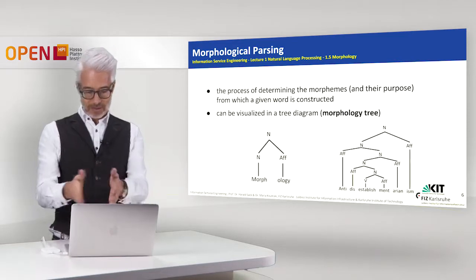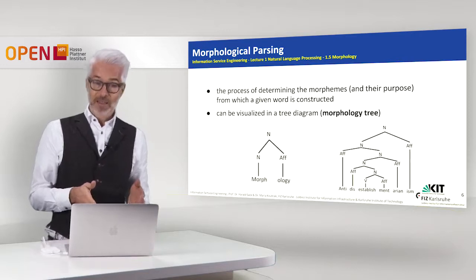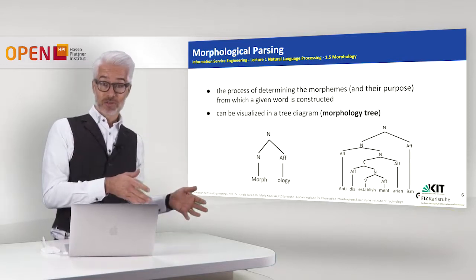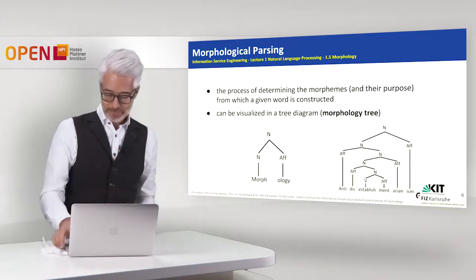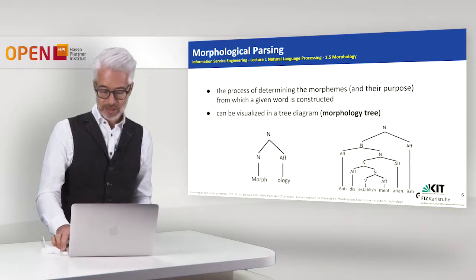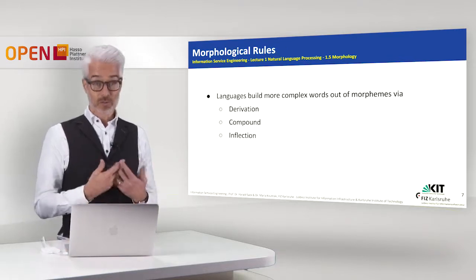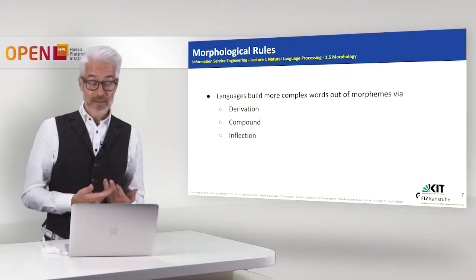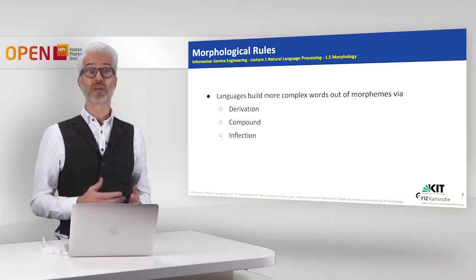So you have in the middle here somewhere establishmentarianism, and if you put the word anti in front of it, or anti-dis, then of course it changes and changes again. So we will see a bit more about how these changes really are bound to so-called rules. So there are morphological rules which in the end determine how to build complex words out of morphemes.